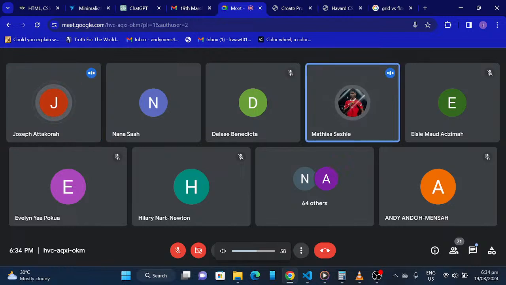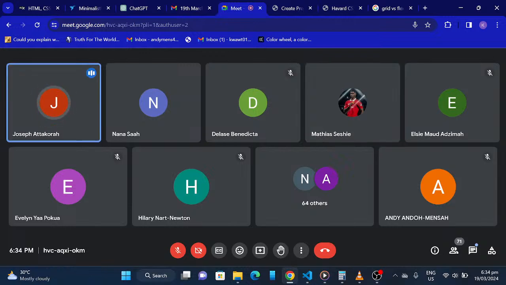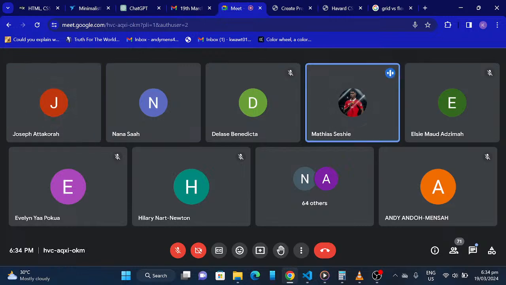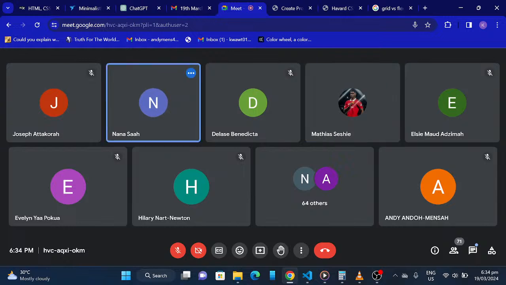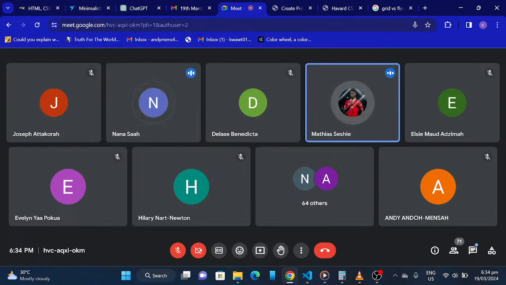Yes, that presents the tab. You are already in this call. Bring the call here. I think it's just present this tab, and then it will show the tab, and then you click on allow.